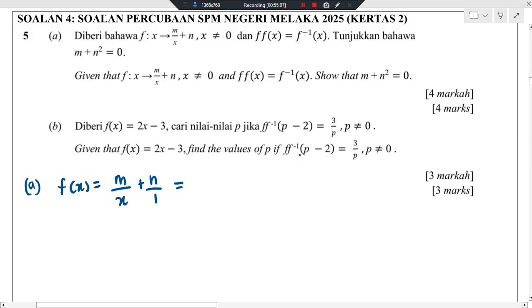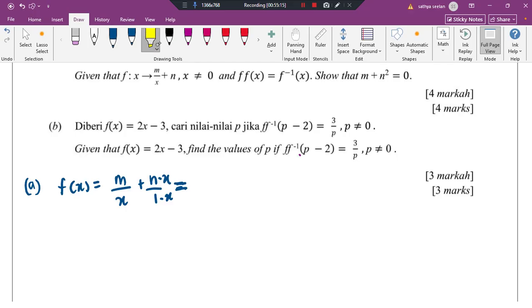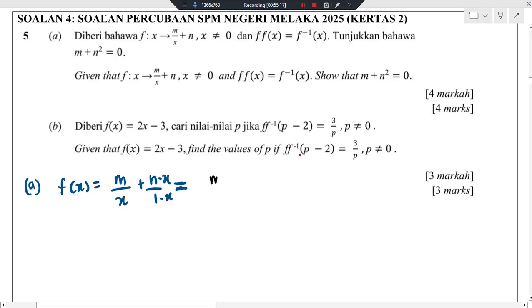Okay, sekarang dalam F, you ganti lagi satu Fx. Apa dia akan jadi? Maksudnya M plus N dekat X tukar jadi Fx. N over Fx. Oh my god. Okay. N tu apa dia? Fx tu apa dia?